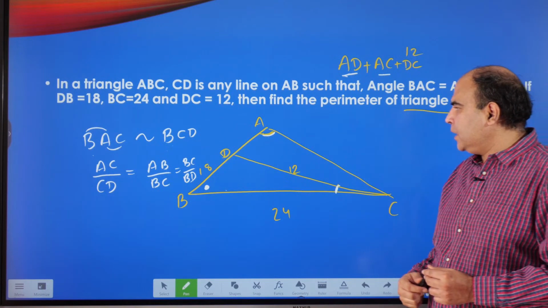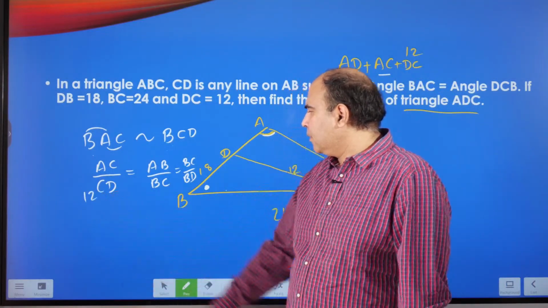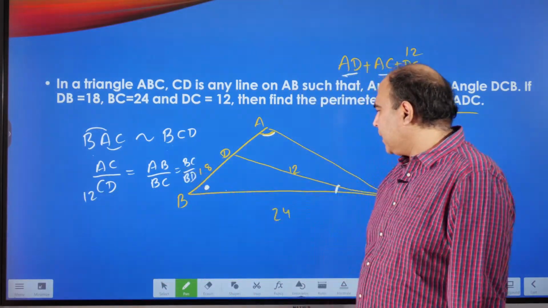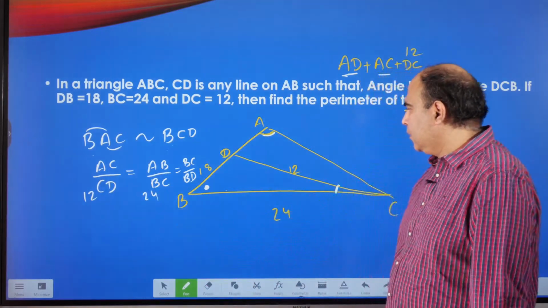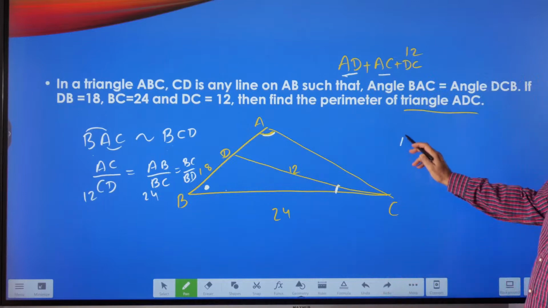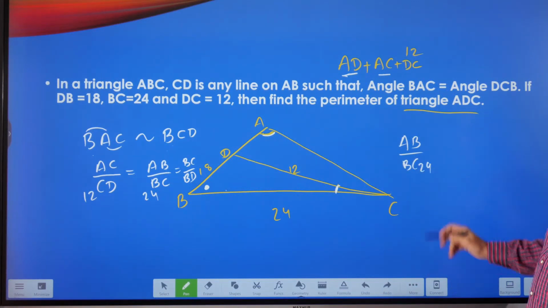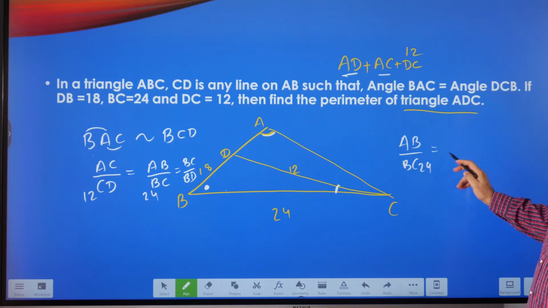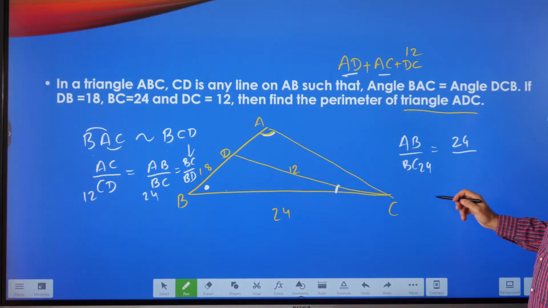In AC upon CD, I know CD is 12. In AB, I don't know AB, but I know BC, this is 24. And in AB by BC, let me write it here, this is 24. And in BC by BD, this is still 24, the third one, and BD is 8.